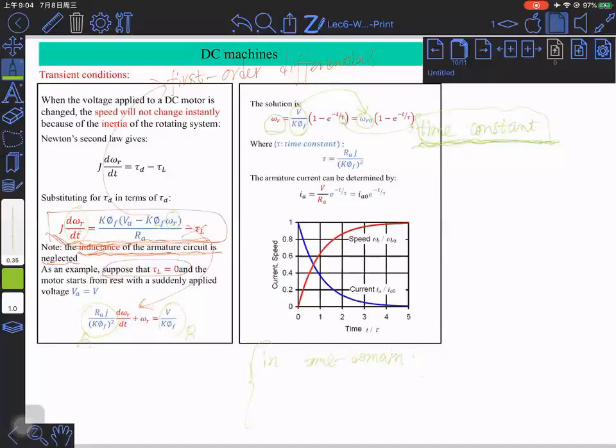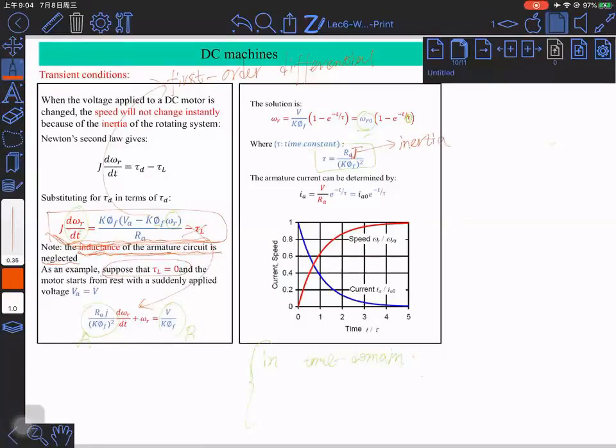So the speed, if you figure out its solution, is going to be the nominal speed times 1 subtracting e to the power of minus t over the time constant tau. And what is tau? You can figure out its equation. But pay attention here: this one is not small j, it's this J. It's inertia.